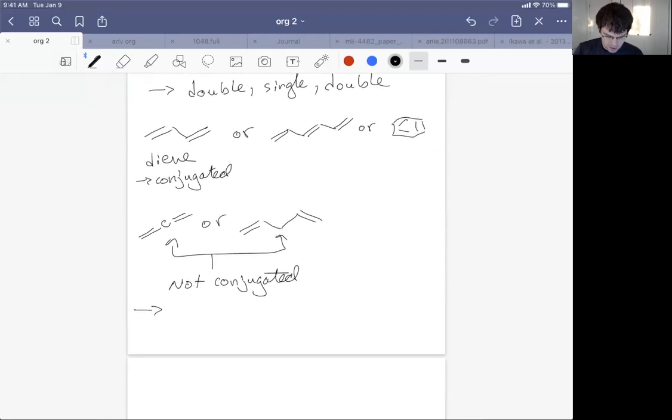But a better description would be conjugated pi bonds. These are pi bonds that can extend. This is a definition.